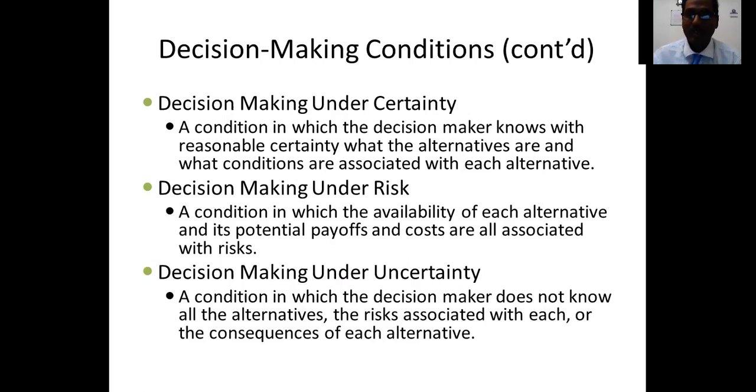So here the decision may go very bad, or he takes a higher chance of taking a bad decision. And when he chooses an alternative, he is not very certain of its outcome either. So it is the worst situation, the third one.